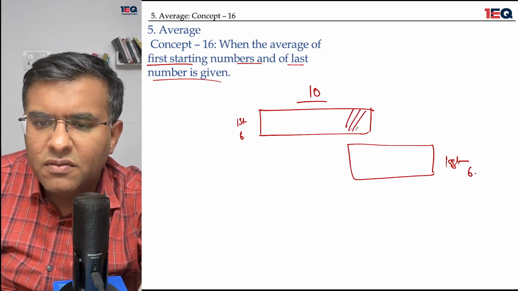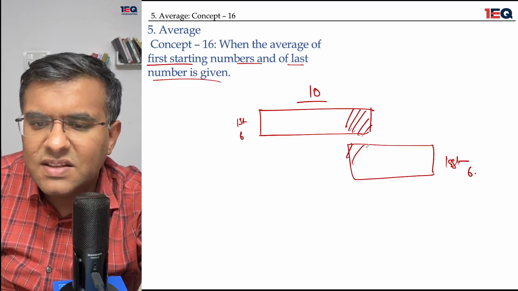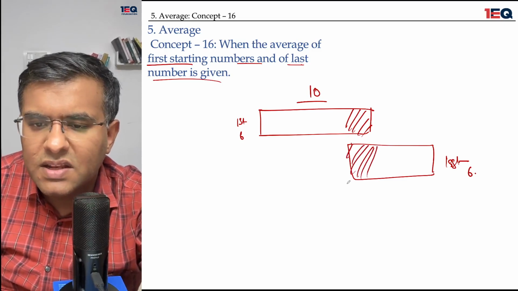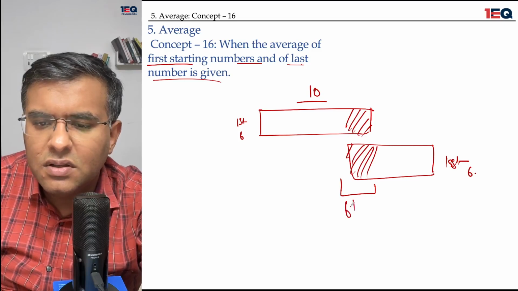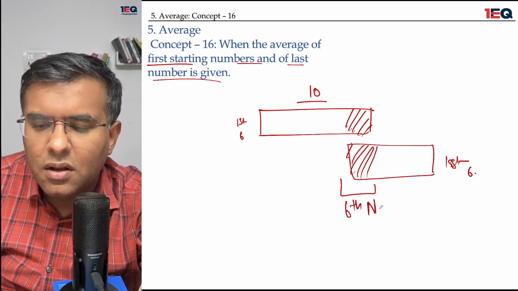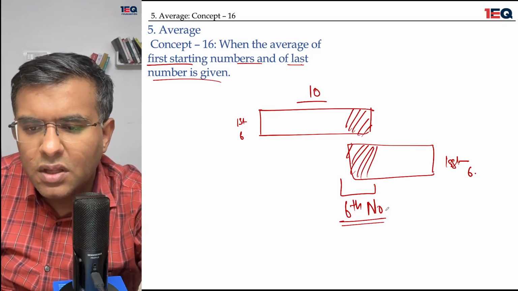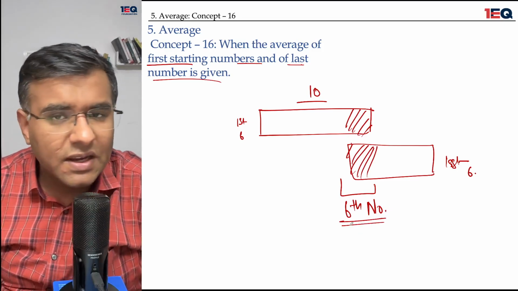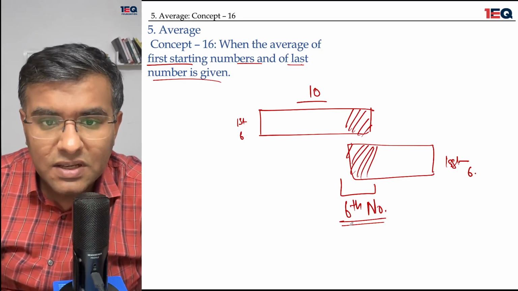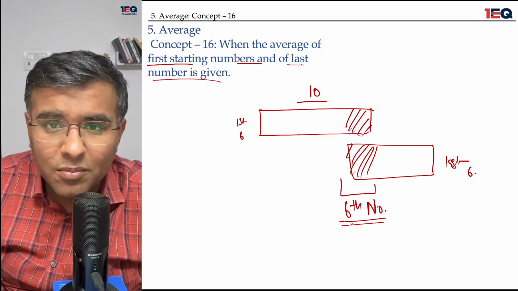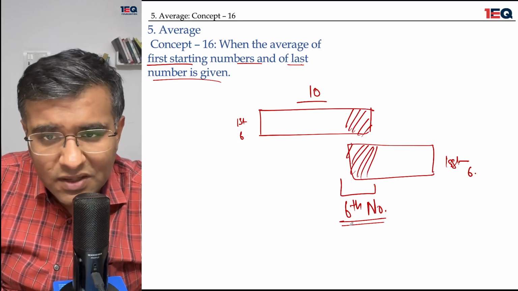During that time, we would see that there is an overlap of the sixth number. This overlap needs to be caught, and we need to find what the sixth number is. So we'll be solving it now.